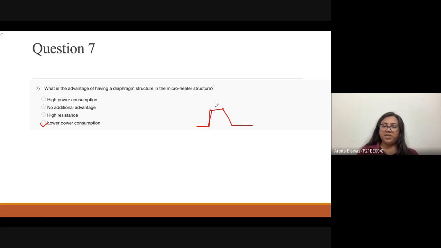So they have made the thinner diaphragm because as the diaphragm structure is thicker, higher power consumption is required. Okay, high power is required for that case. But for the thinner diaphragm, they require lower power. Okay, so the right option is option D, the lower power consumption.